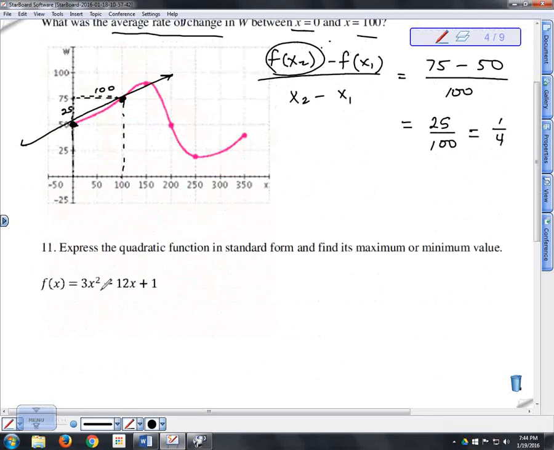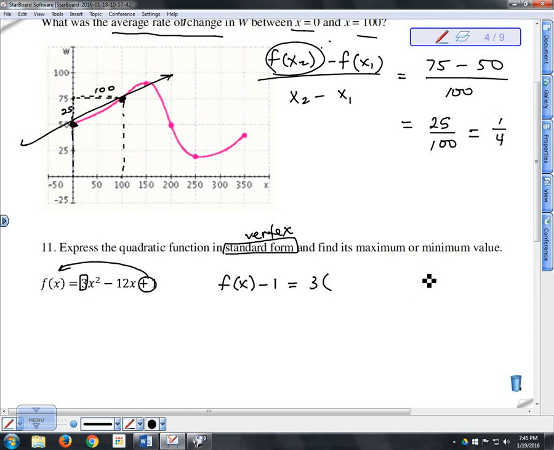Question 11, express the quadratic function in standard form and find its maximum or minimum value. So standard form is also called vertex form. One way of doing this is to complete the square. So if I want to take and move that over there, I'm going to have f of x minus 1, and then I'm going to factor out this 3.